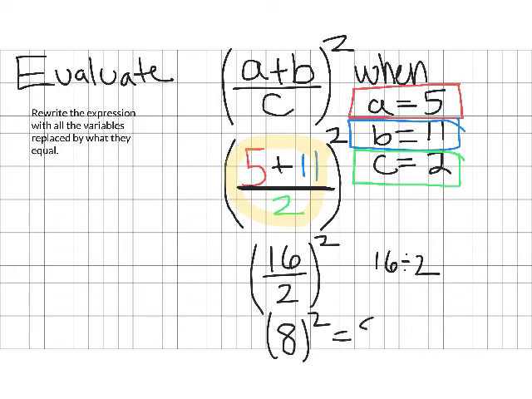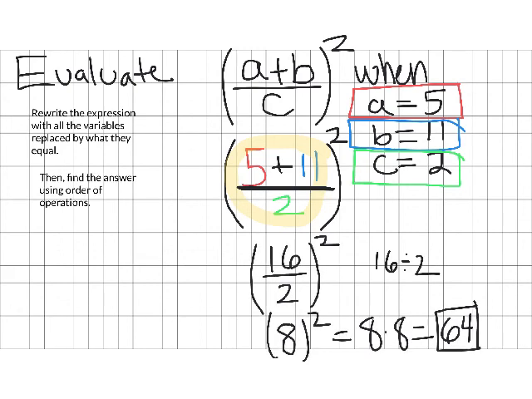And 8 squared, that's 8 times 8 is 64. So what we did here was we rewrote the expression with all the variables replaced by what they equal, and then we found the answer using order of operations. Very carefully, slowly. This basically boils down to the snow cone method.